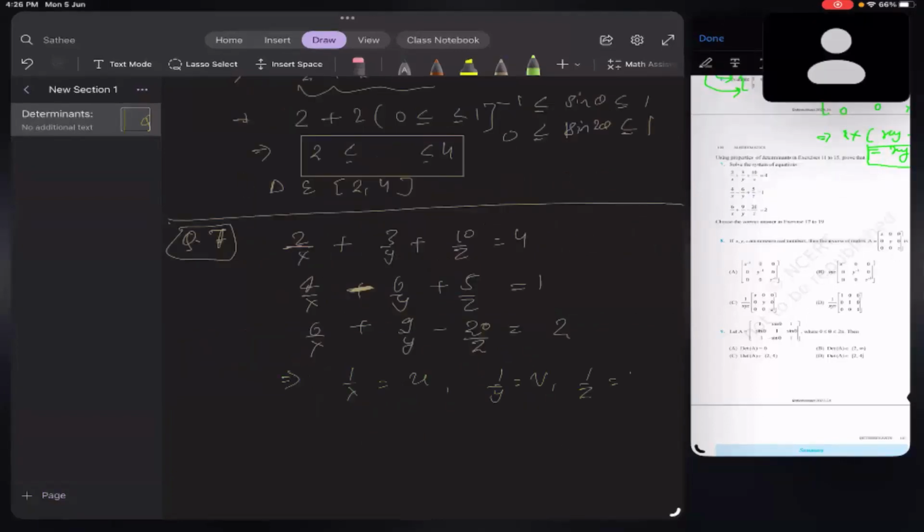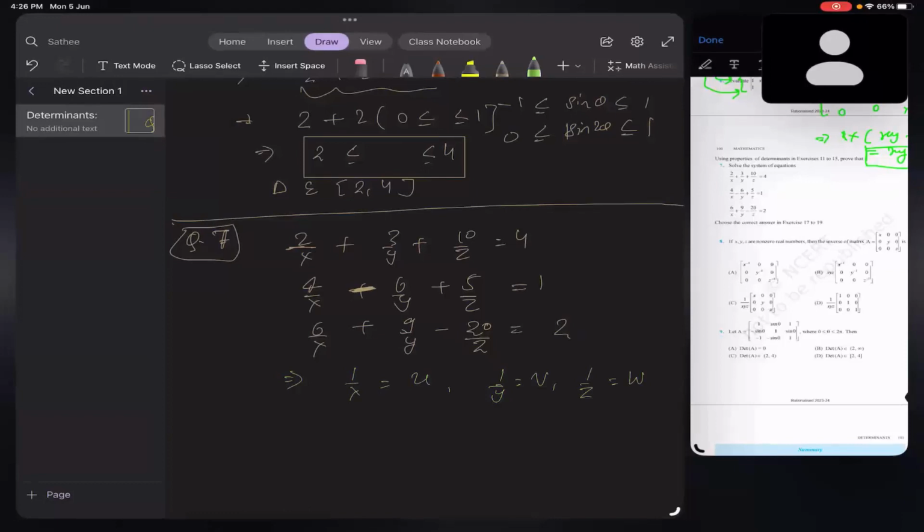So here what you have to do is basically consider 1 by x equal to u, 1 by y equal to v, and 1 by z equal to w. If you consider this, then your final equations become 2u plus 3v plus 10w equal to 4, and 4u minus 6v plus 5w equal to 1, and 6u plus 9v minus 20w equal to 2.